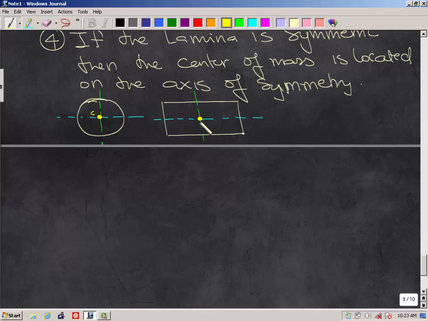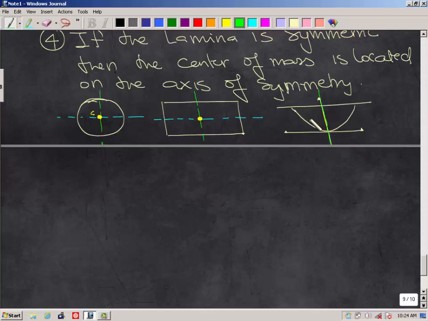Similarly, let's say that I have a parabola, and it's chopped off here. The axis of symmetry over here, you can see, is this one.